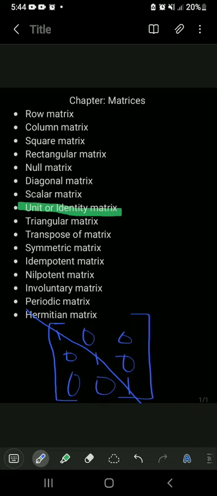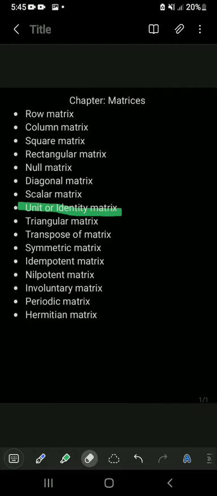This is the unit matrix. It is also a scalar matrix because all the diagonal elements are the same, 1 1 1. But most probably it is called a unit matrix because it has 1 1 1. It is the rule of the unit matrix: when the diagonal elements are 1, it is called a unit matrix or identity matrix.